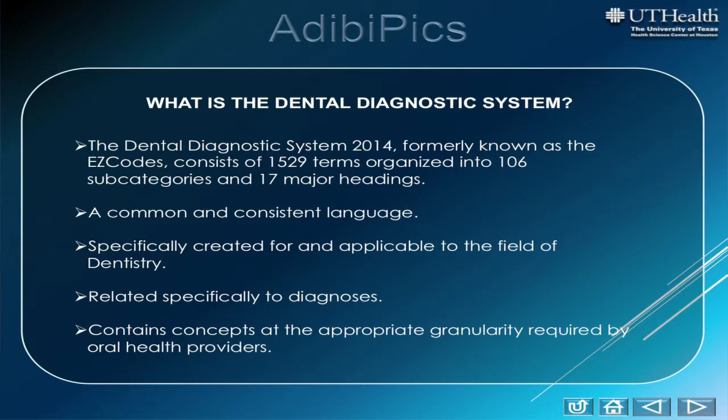It provides a common and consistent language specifically created for and applicable to the field of dentistry, related specifically to diagnosis, and contains concepts at the appropriate granularity required for oral health providers.